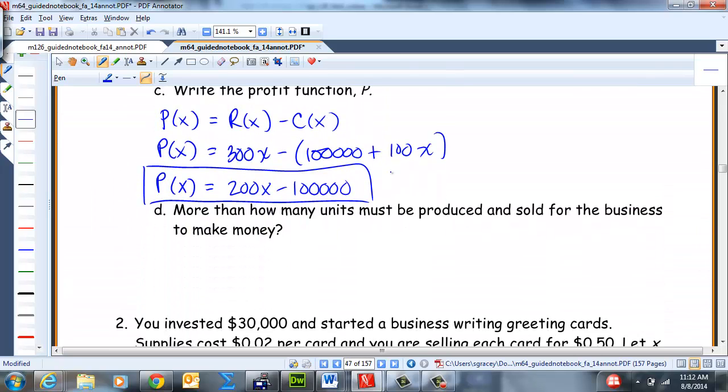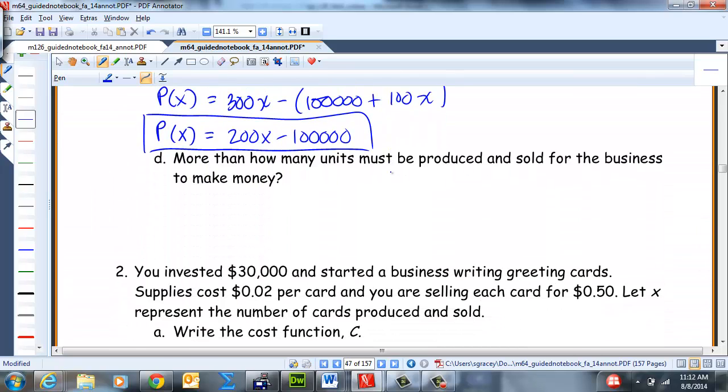All right, so now more than how many units must be produced and sold for the business to make money? Well, to make money, your profit has to be greater than 0, right? So we're basically going to set P at X greater than 0. What was P at X? Well, 200X minus 100,000 has to be greater than 0.